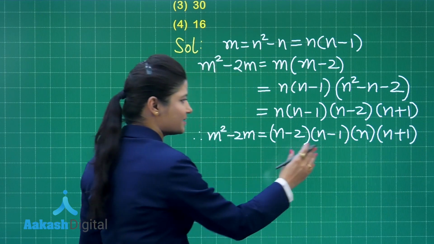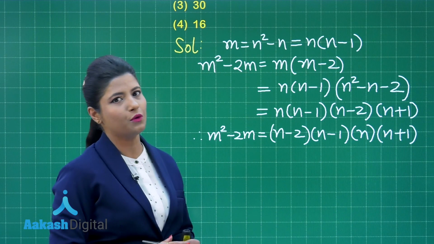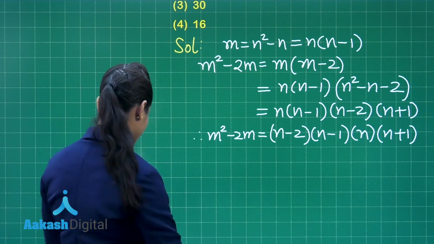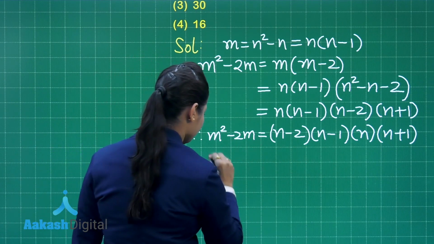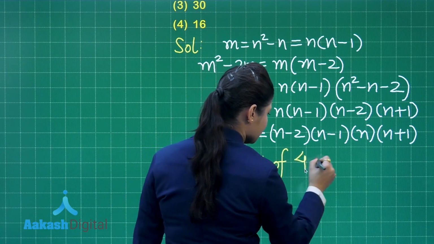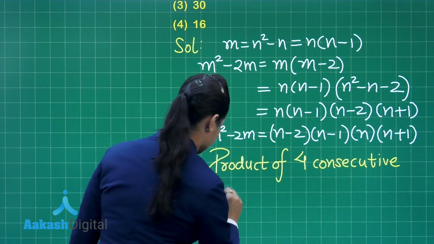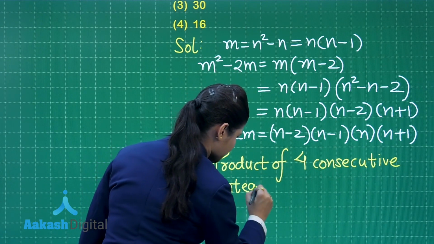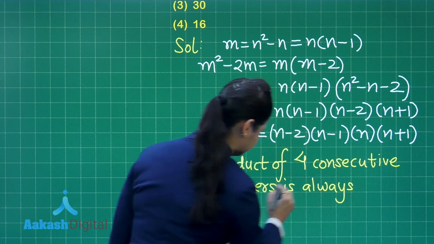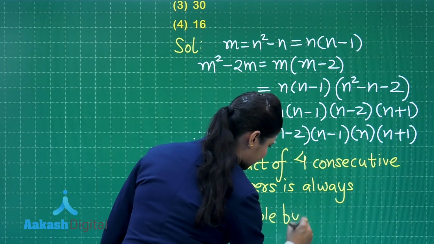And when you observe this, this is clearly a product of four consecutive integers, and the product of four consecutive integers is always divisible by 24.